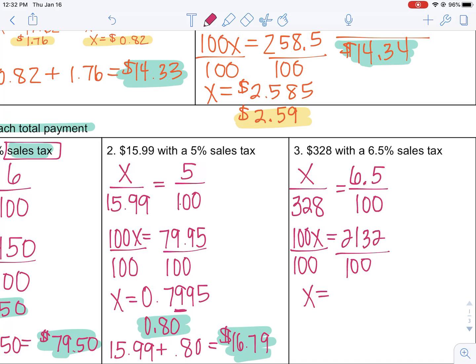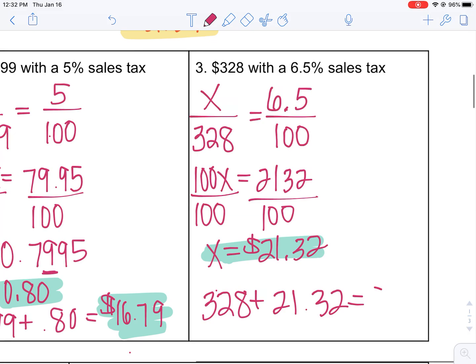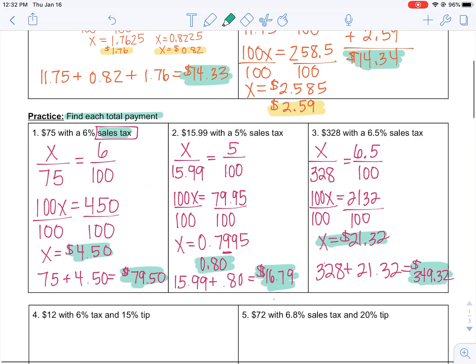Divide by 100 and get $21.32. So that's just the sales tax. Now I need the total. So 328 plus 21.32 gives me $349.32 for my total. So those problems were just figuring out sales tax.